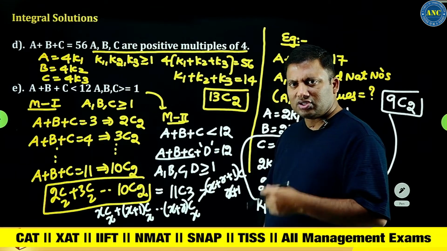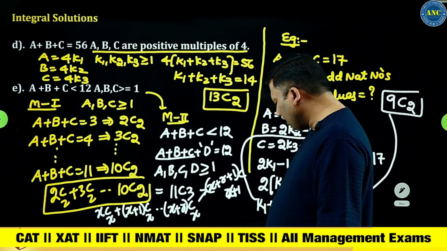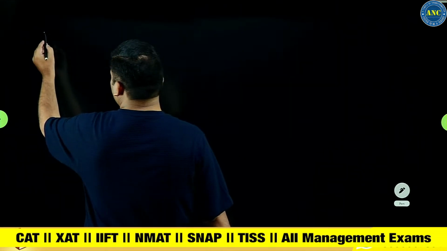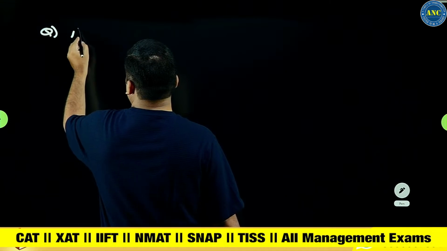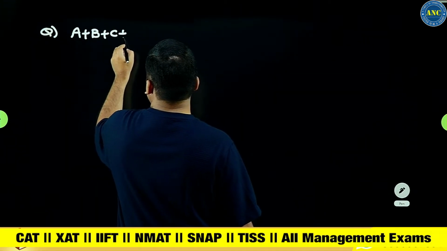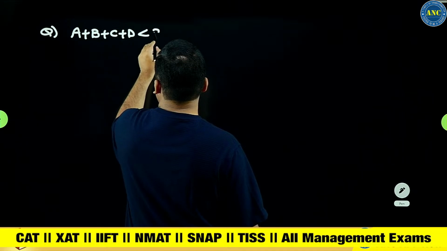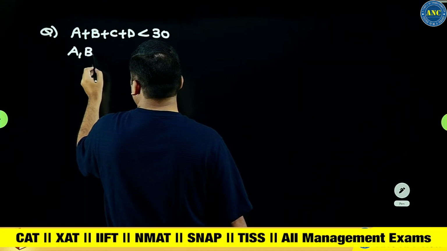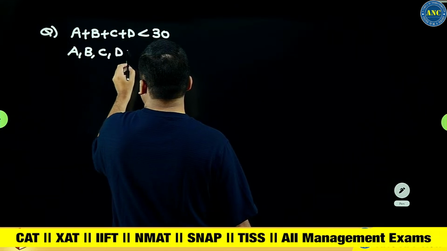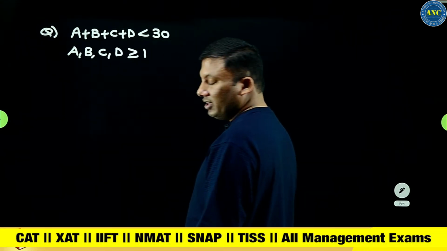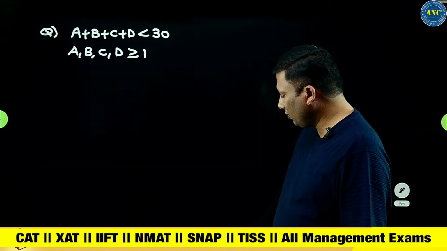Two more questions, and you will feel very comfortable with this. Suppose the question is A plus B plus C plus D less than 30, where A, B, C, D are greater than or equal to 1.